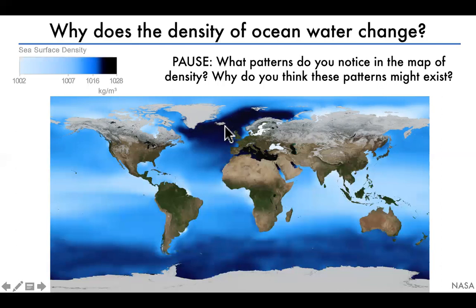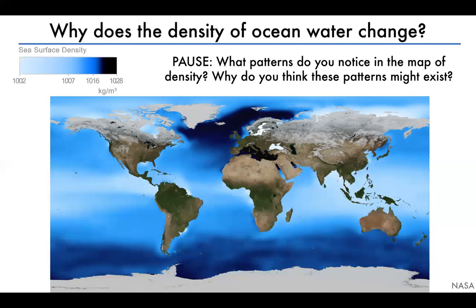But one of the things that I think is interesting is if you look east or west along the same latitude, you don't see a similar region of really high density anywhere else in the north. Over here, north of Canada, we actually see a really light region. Same thing here, north of Russia, very light. And then if you look at the North Pacific, there's nowhere in the North Pacific that has that kind of high density. So that's really interesting. And we're going to want to think about that later.